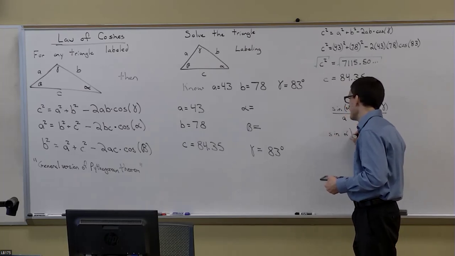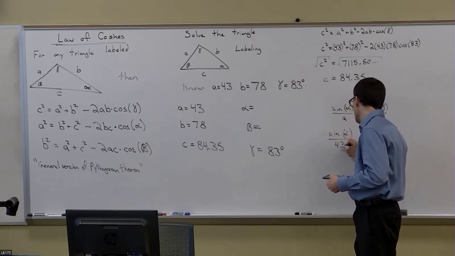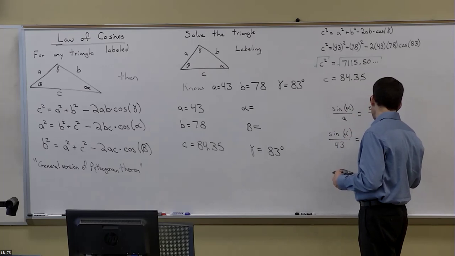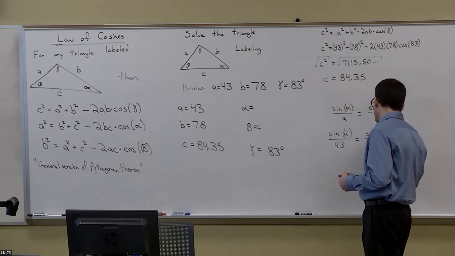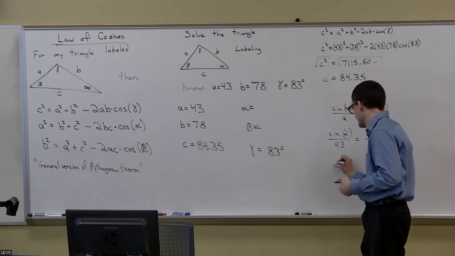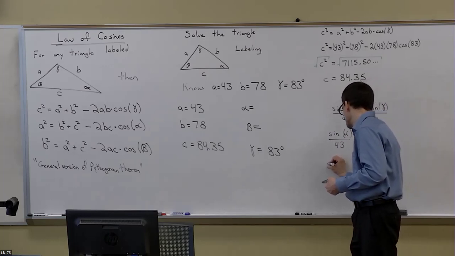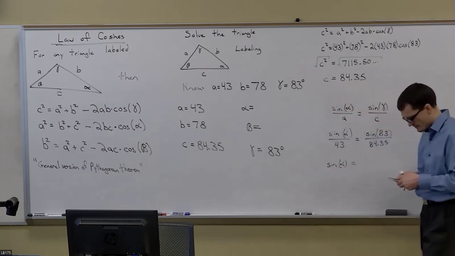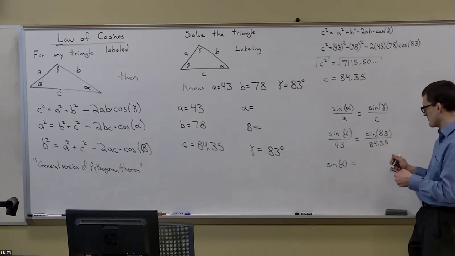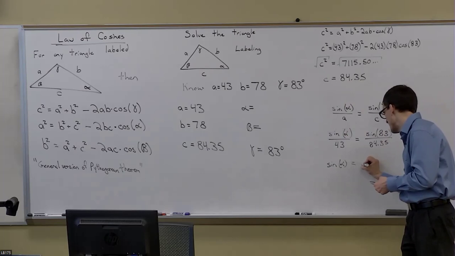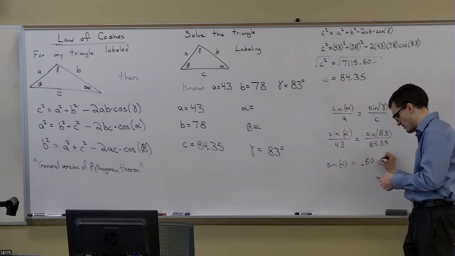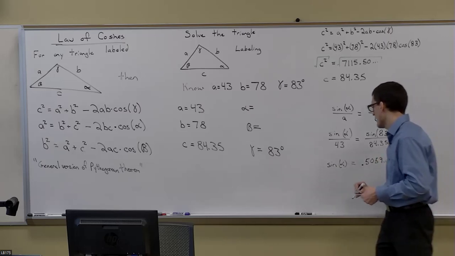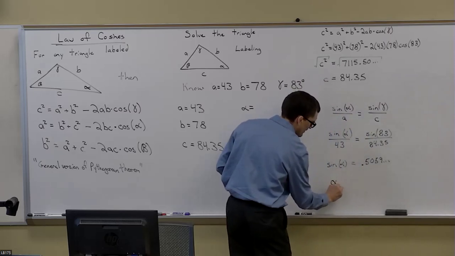Sine alpha over 43 is equal to sine of 83 degrees divided by 84.35. When I multiplied both sides by 43, I ended up with about 0.50598, and so on. And so we do the inverse sine to get the alpha.